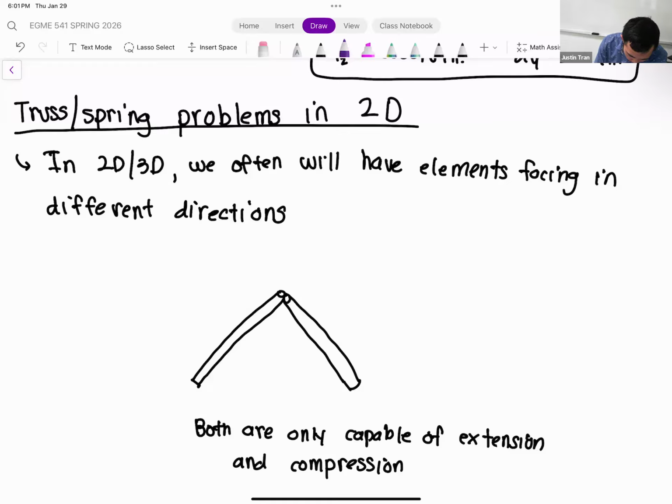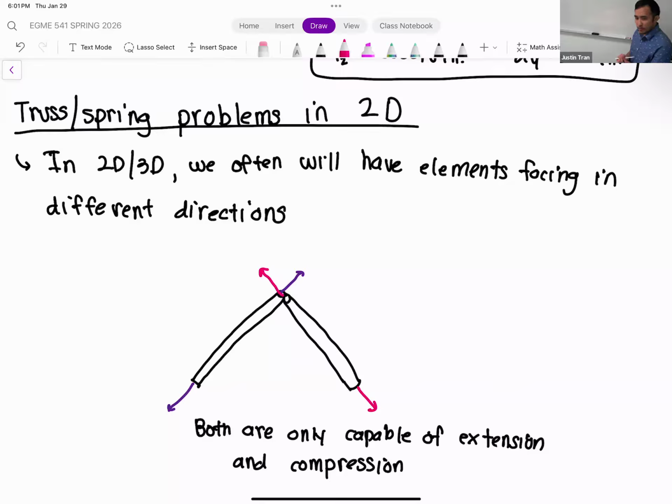And so let's say for the first element here, it's only going to be able to deform in that direction. And then the second element is only able to deform in this direction. Okay.